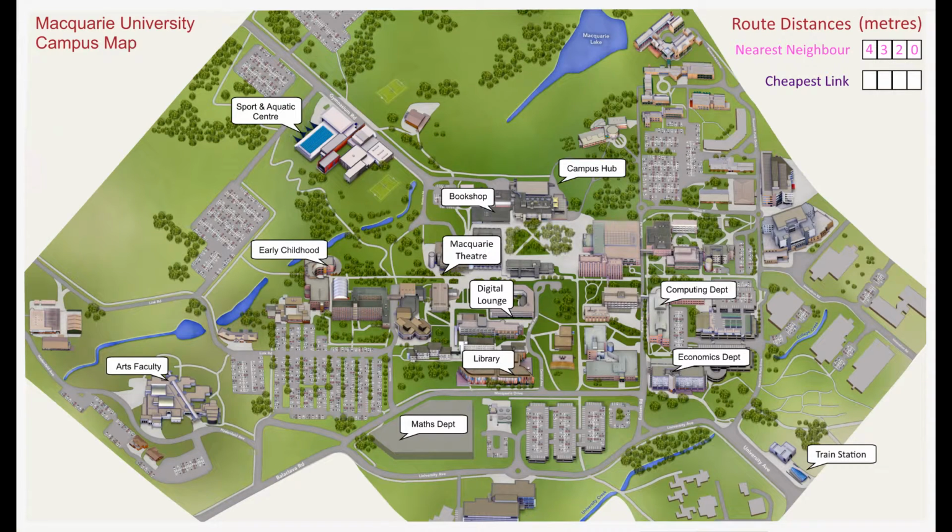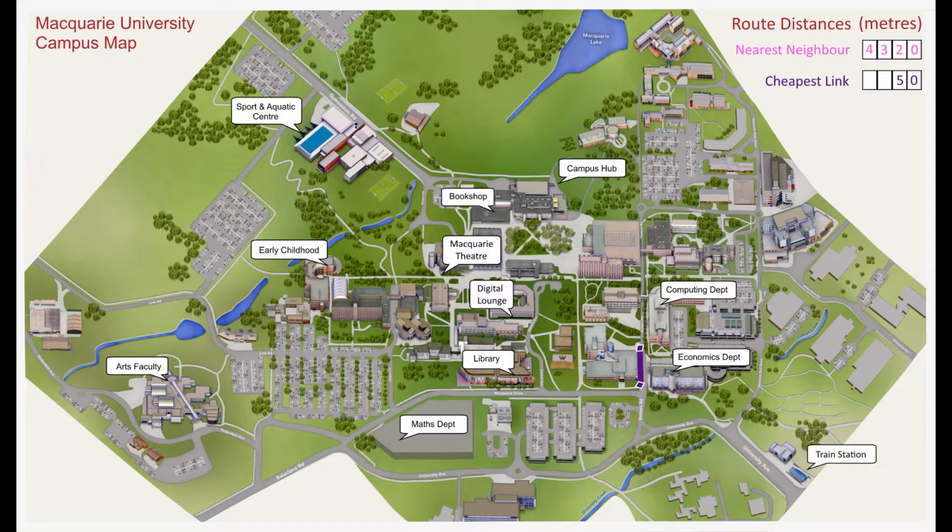Another algorithm for the travelling salesman problem is the cheapest link algorithm. It involves picking the shortest distance between any two of the locations to be visited, then picking the next shortest and the next shortest without making a cycle until the very end. In JJ's case, the shortest distance between any two locations is 50 meters between the economics department and the computing department.